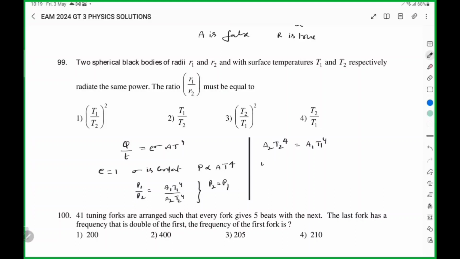Surface area, spherical surface area, 4 pi R2 square T2 power 4 equals 4 pi R1 square T1 power 4. So taking square root, we get R1 by R2 will be T2 square by T1 square.